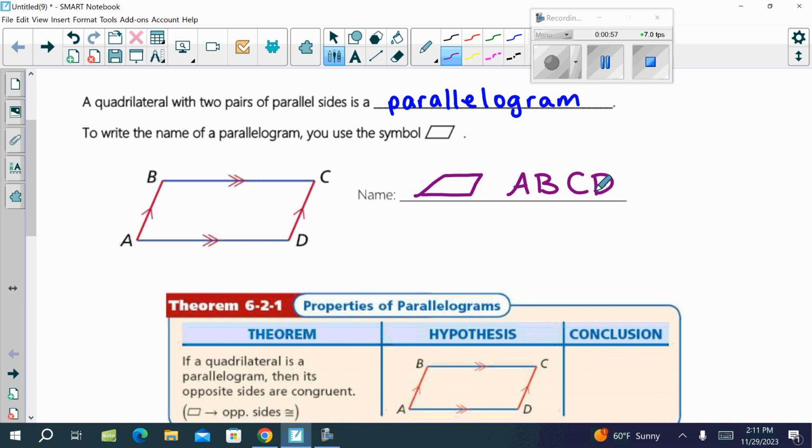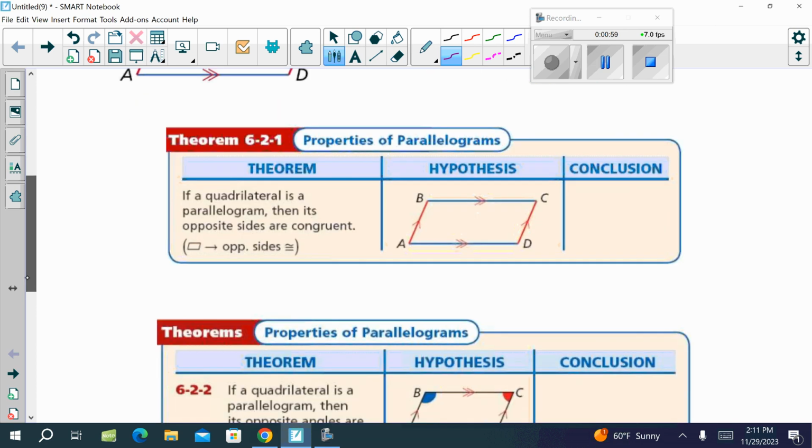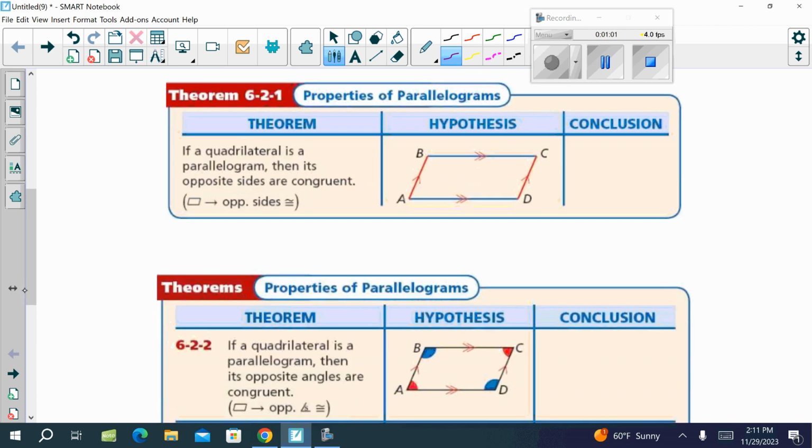Okay, so there's lots of properties, lots of postulates and different things that go along with parallelograms. The first one: if a quadrilateral, so a 4-sided figure, is a parallelogram, then its opposite sides are congruent. So you've got parallel lines on here. You can state the opposite sides are congruent.